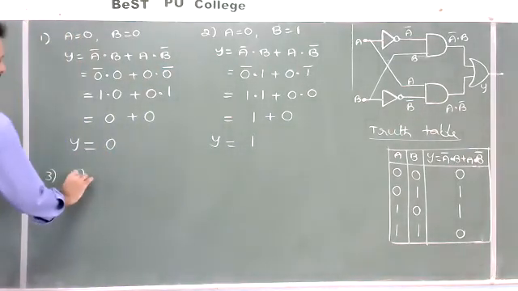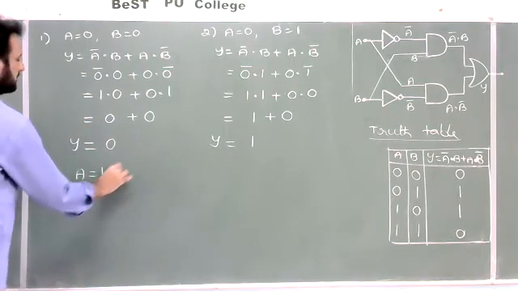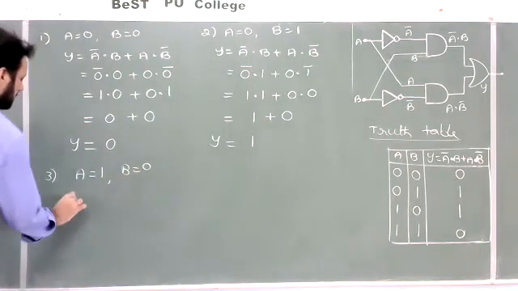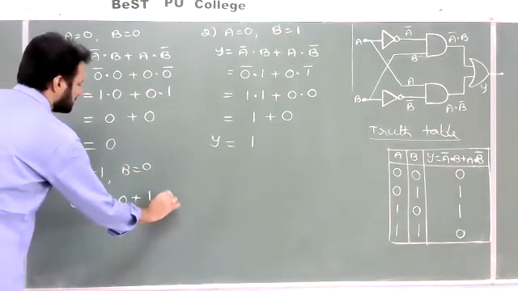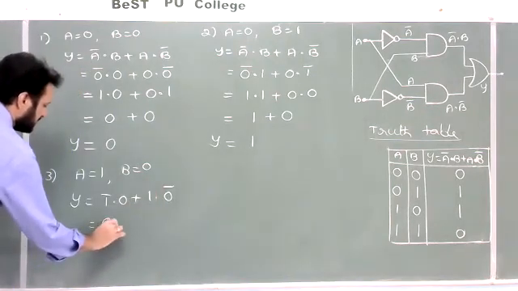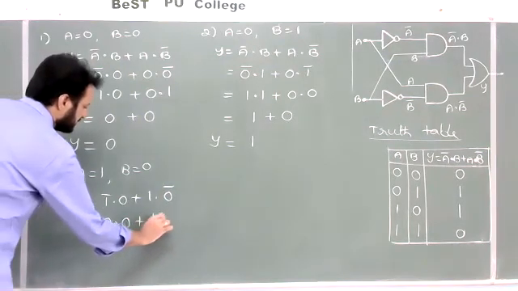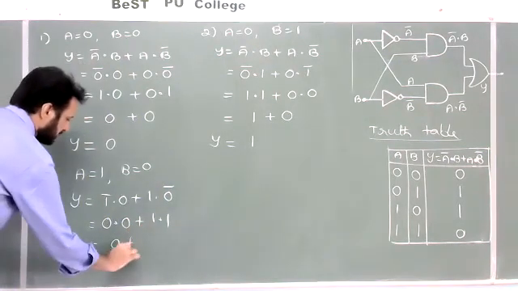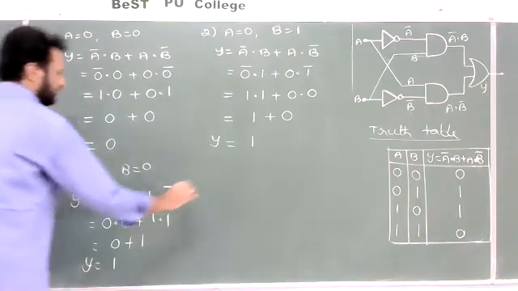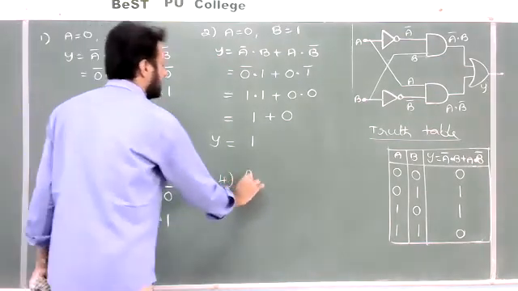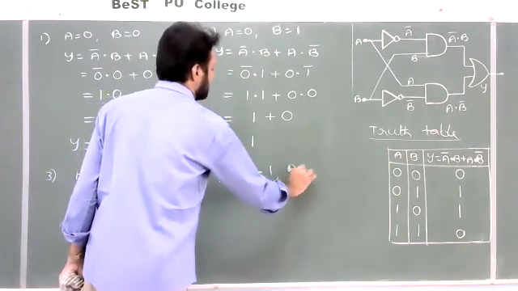For example, third, A is equal to 1, B is equal to 0. Y is equal to 1 complement into 0 plus 1 into 0 complement, which equals 0 into 0 plus 1 into 1, which equals 0 plus 1 equals 1. Fourth one, A is equal to 1, B is equal to 1.